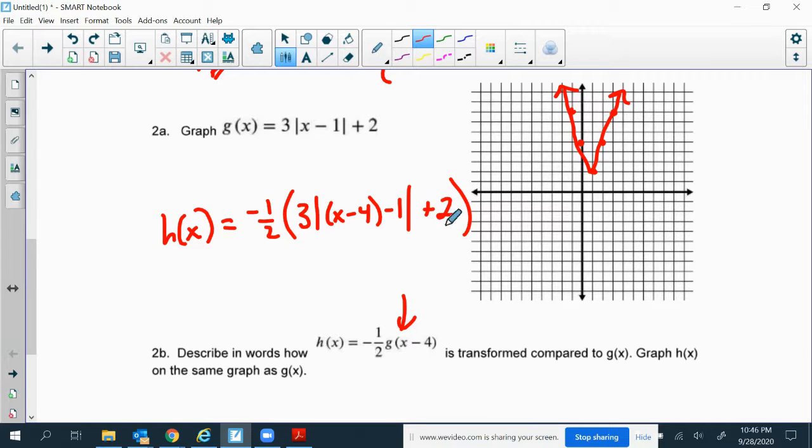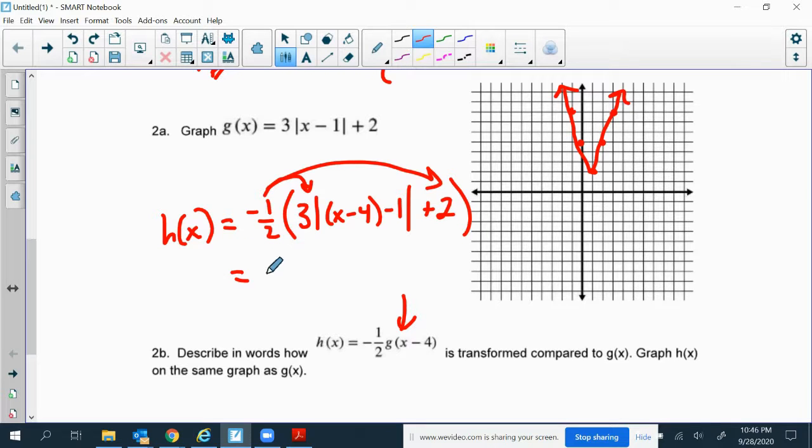Some people didn't really understand how to deal with the -1/2. If we're doing -1/2 times g, the -1/2 has to distribute to both of these parts, not just this part and then add 2 later.